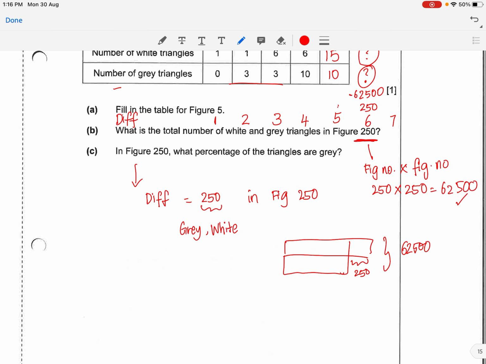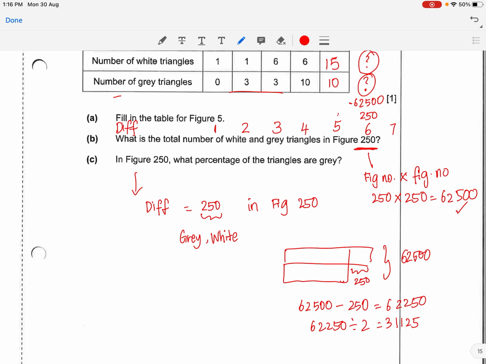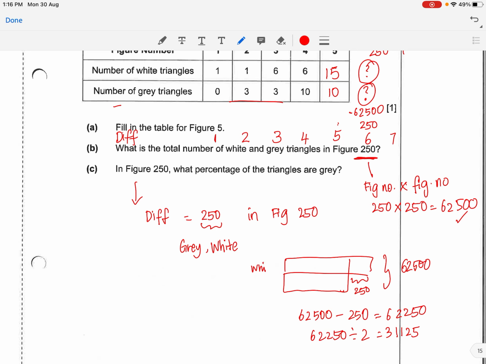This is a very, very basic comparison model. So I will have 62,500 minus 250. I'll get 62,250. I will need to divide by 2 to get 31,125. This will be the white triangles. This will be the grey triangles.